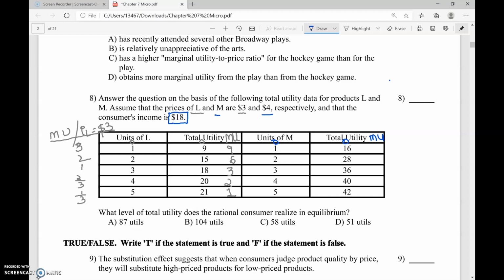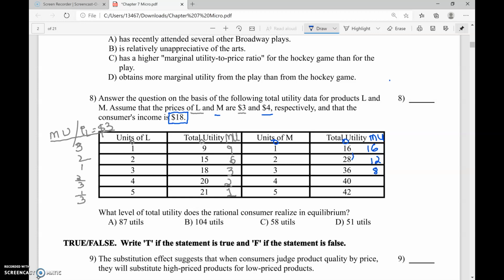So the marginal utility of the first unit of M is 16 minus 0 over 1 minus 0. This is 16. The next number is 28 minus 16, that is equal to 12. The next number is 36 minus 28, that is equal to 8.